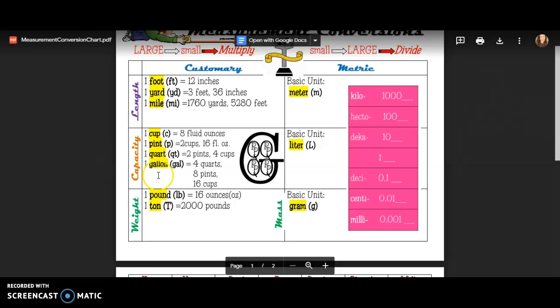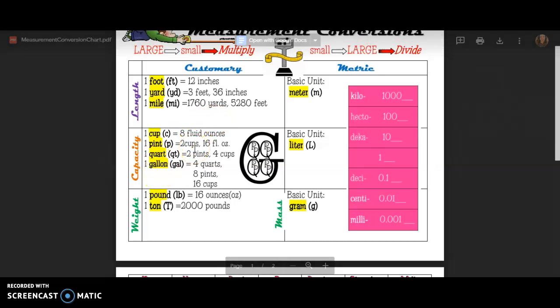Capacity: cups, pints, quarts, gallons, ounces. I always have my class draw a big G, and then we have the 4 Q's. The G is the gallon, the 4 Q's stand for the quarts, the 2 P's inside each quart equal a pint, and inside the pint, which are very small, are the cups.